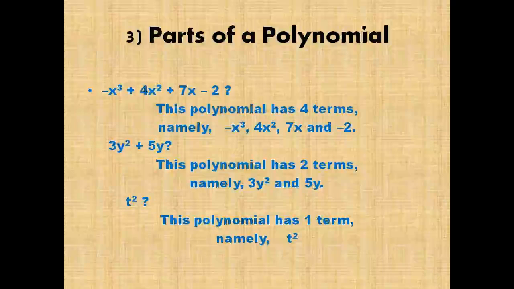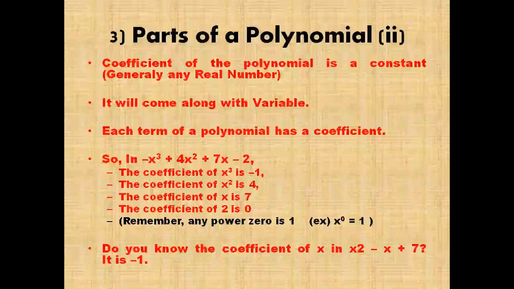Next, we'll move to coefficient and variable. What is a coefficient? A coefficient is generally a constant, practically a real number. See, in the expression 5x, 5 is the constant, so 5 is the coefficient of x.